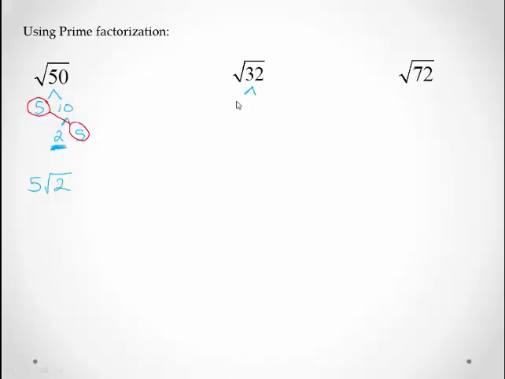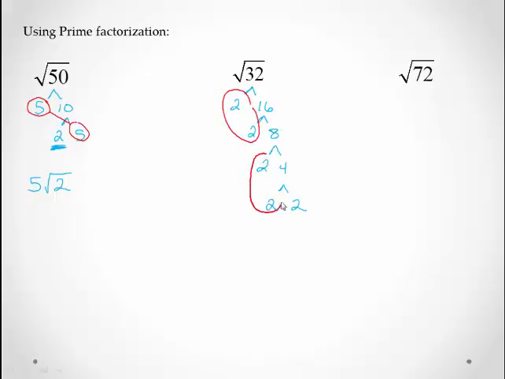32, I have 2 times 16, and 16 is 2 times 8, and 8 is 2 times 4, and 4 is 2 times 2. Now if I got 2 times 16 and I recognized 16 was a perfect square, I could have stopped there. But maybe I didn't recognize it, so I keep going. I have one pair of 2's.